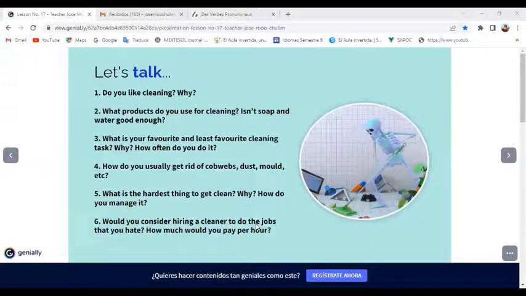Obviously, if you clean deeper, you can use chlorine or bleach. I don't remember the correct way. What else?